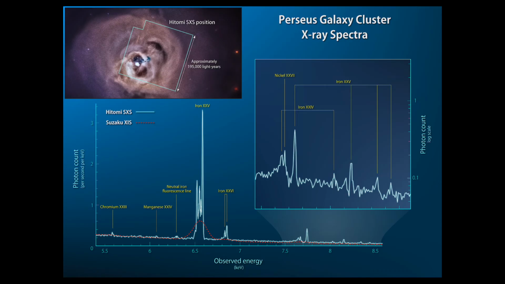This technique has been developed here at Madison, pioneered by McCammon's group, and is called X-ray microcalorimetry. It's been used in satellite experiments. You need to be in space to see cosmic X-rays, since they get absorbed by the atmosphere.